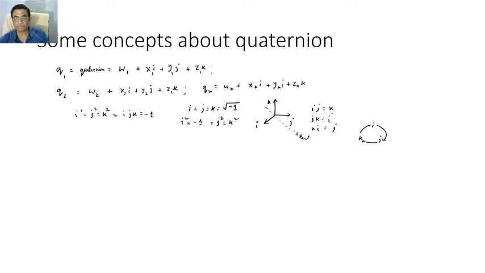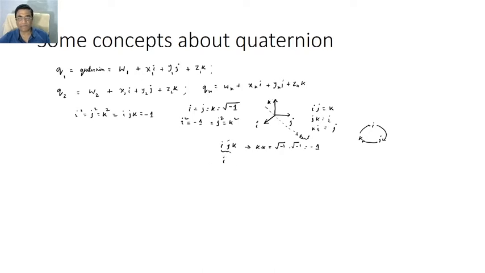Now for ijk, in place of ij I can write k, so k into k equals root over of minus 1 times root over of minus 1, equal to minus 1. So that's why ijk equals minus 1.